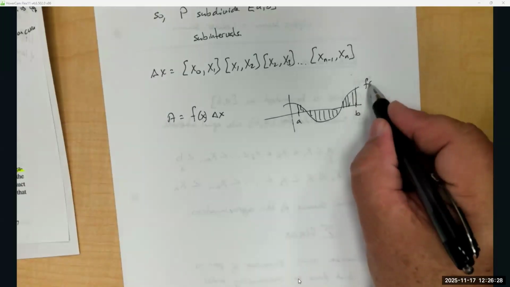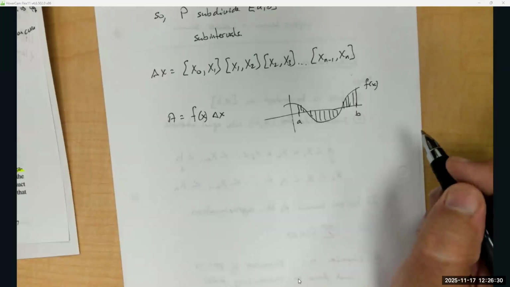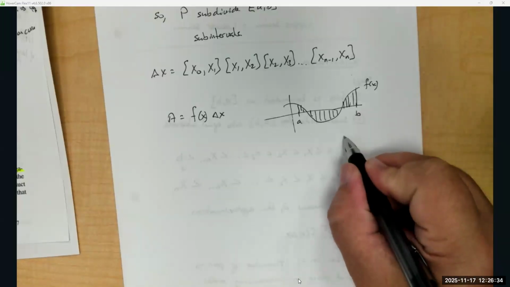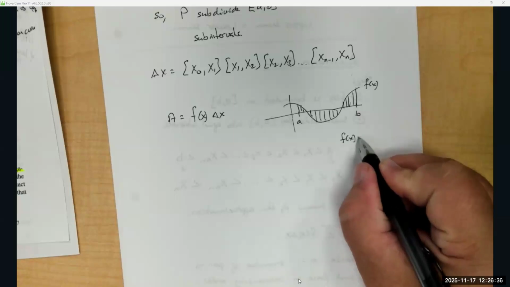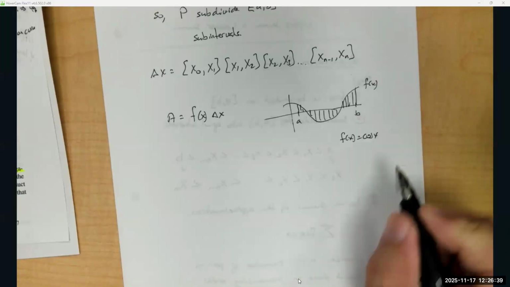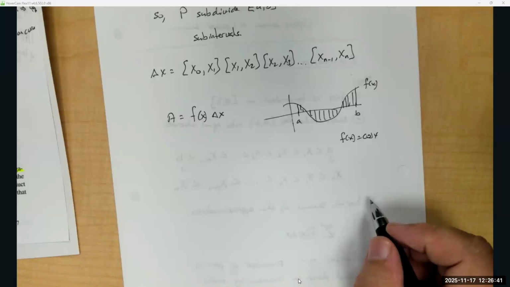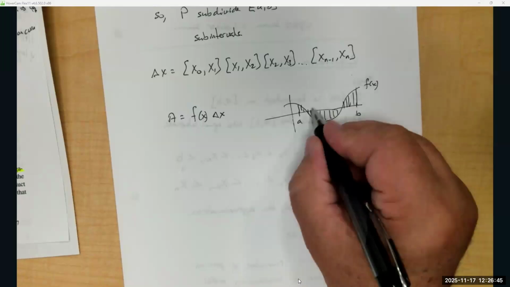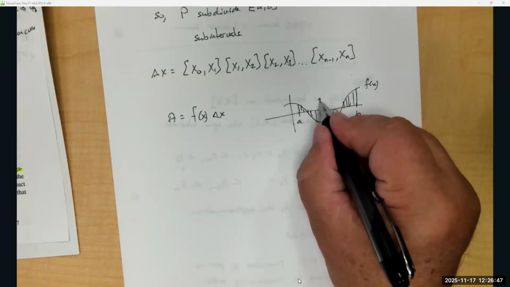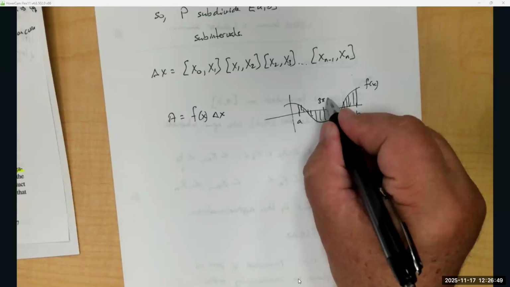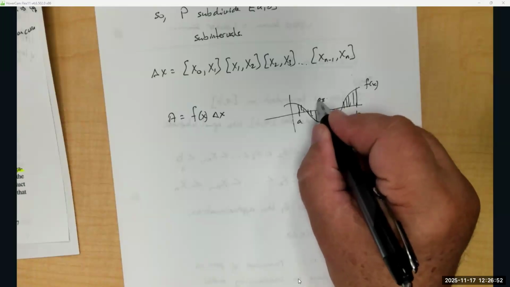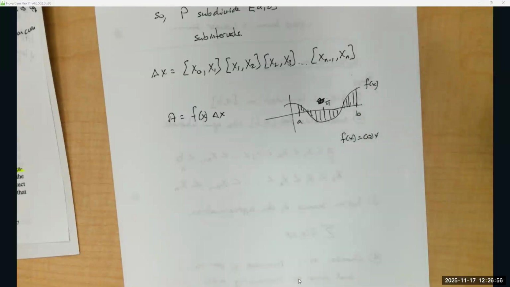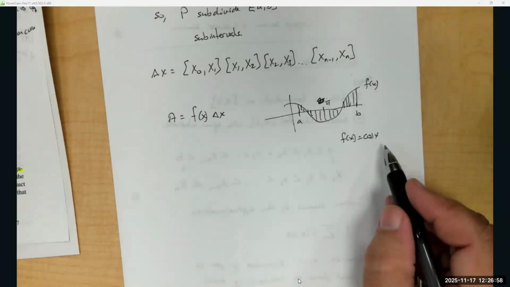Remember, this is made up of a function. If I said the function was cosine, at pi, what is cosine at pi?